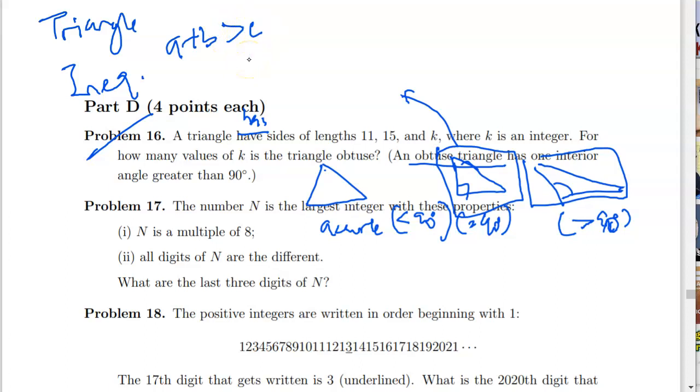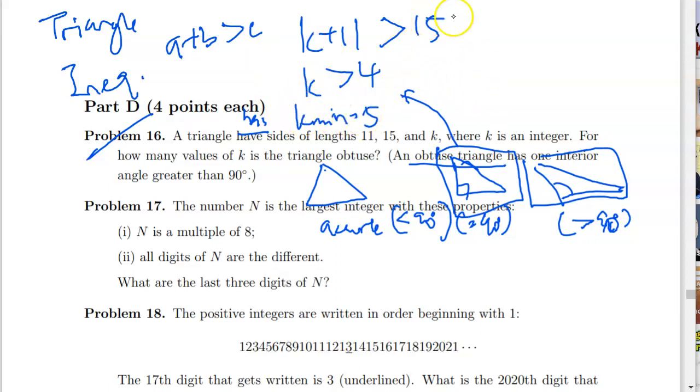So say k and 11 are the shorter sides, and 15 is the larger side. This means that k will be larger than 4, so k minimum is 5. Noted from here.